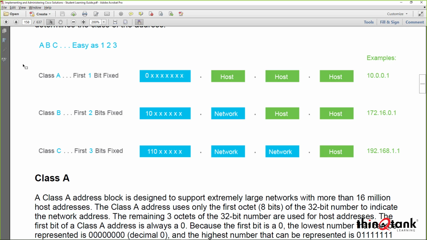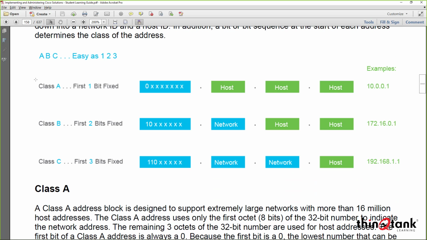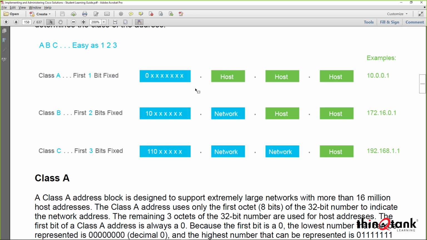IPv6 has been around for a long time. It became a standard in 1996. It was developed before 1996, but it was clearly a standard after that 1993 RFC.